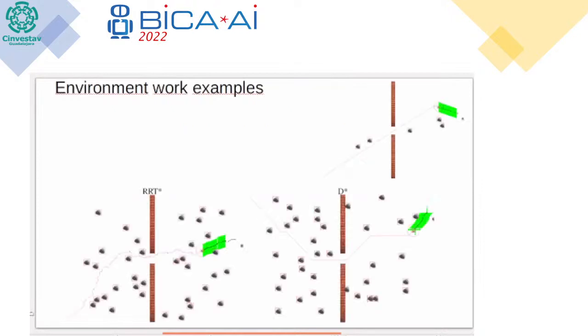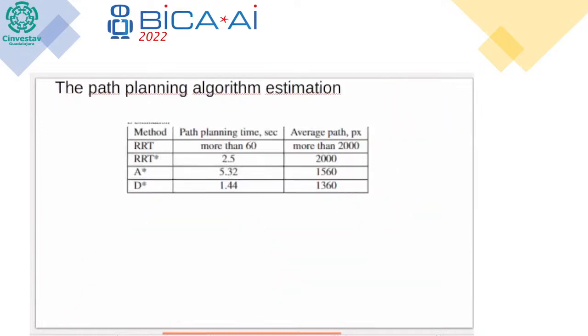As you can see on this image, the D-star path planning algorithm allows us to build a more straightforward path with fewer deviations, and as you could see in our previous table, it builds this path faster.